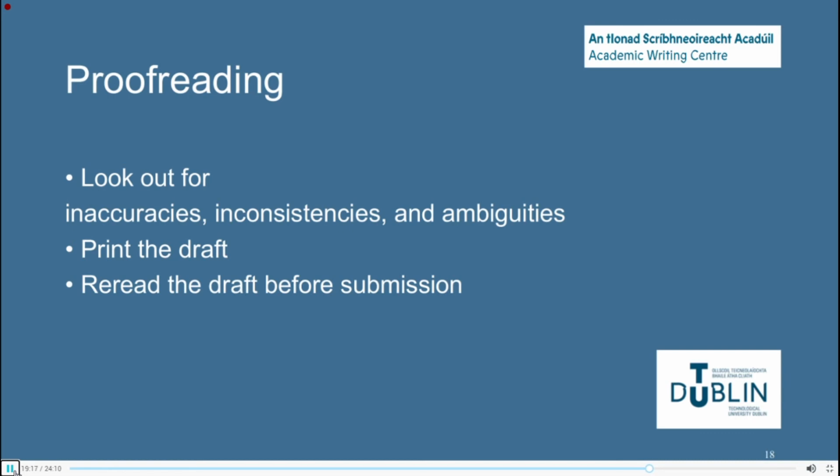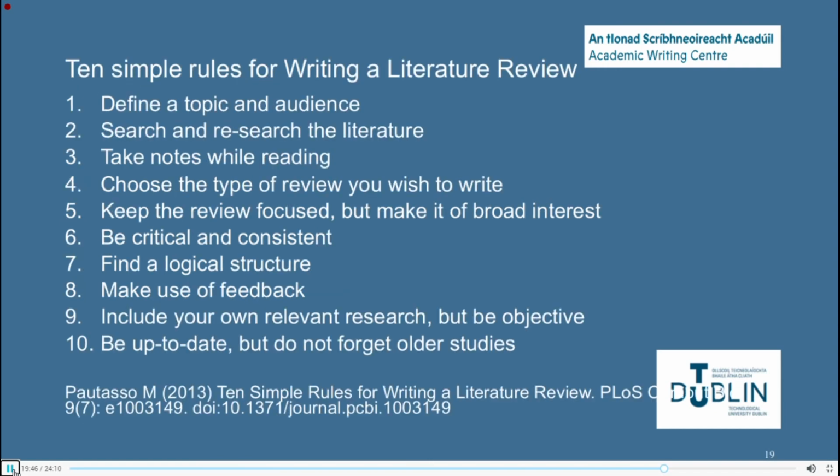If you proofread your text, your lecturer or supervisor will be able to concentrate on the content, the concepts and ideas you're exploring in your literature review rather than on minor errors in spelling or punctuation. So the lecturer will be able to give you valuable advice on content rather than form.